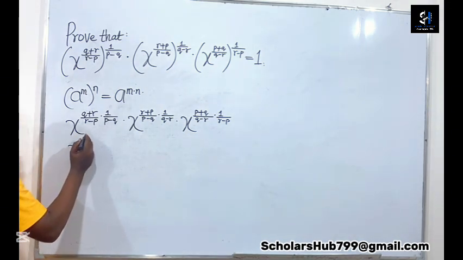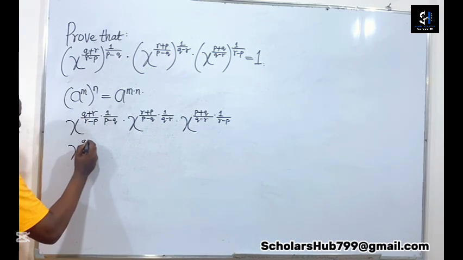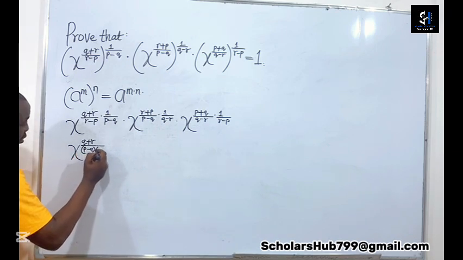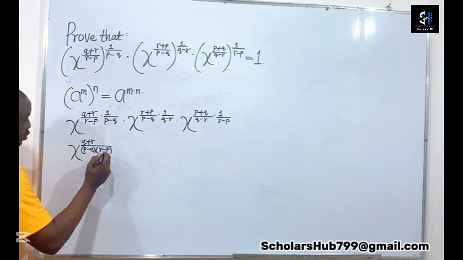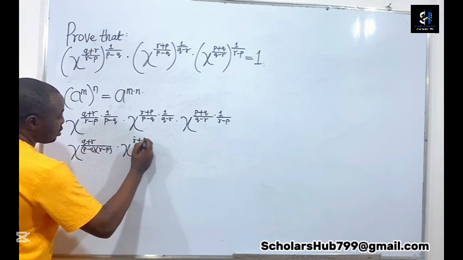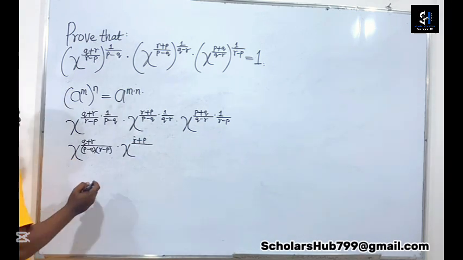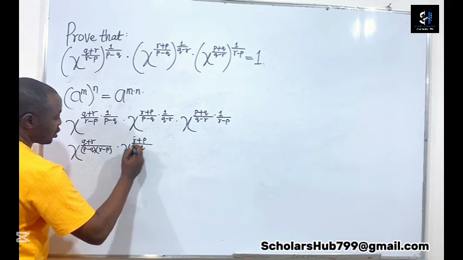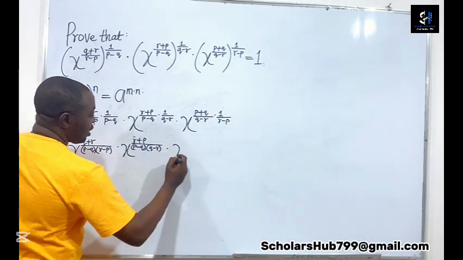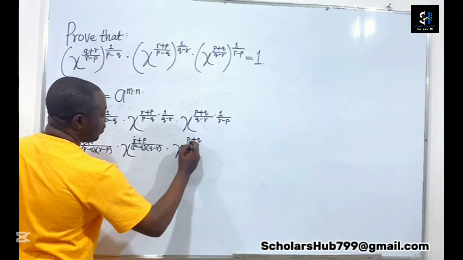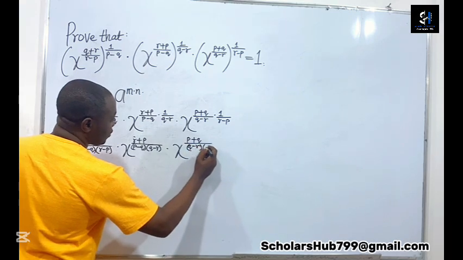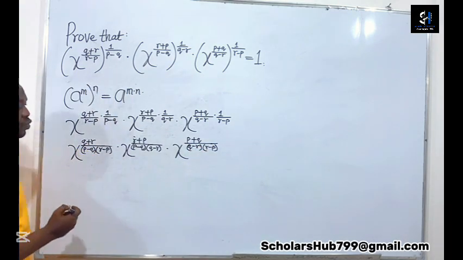So this will be x raised to the power of 1 times (q plus r), which is q plus r, over (p minus q) multiplied by (r minus p), multiplied by x raised to the power of (r plus p), because 1 times (r plus p) is r plus p, over (p minus q) multiplied by (q minus r), then multiplied by x raised to the power of (p plus q) over (q minus r) multiplied by (r minus p).